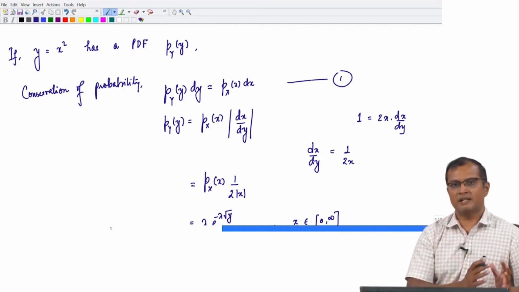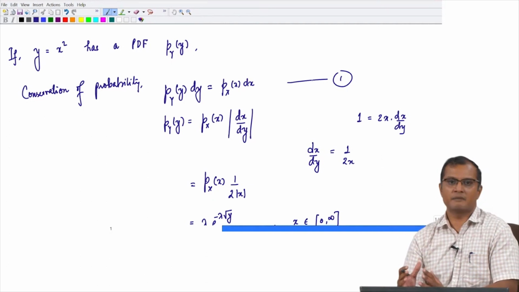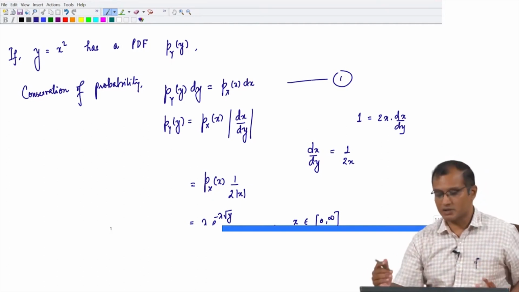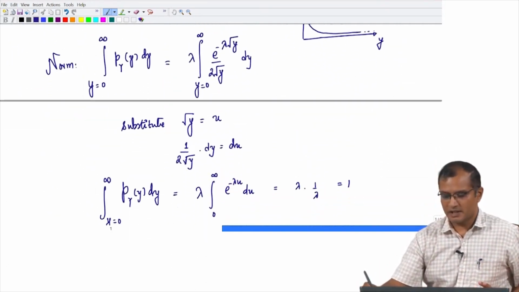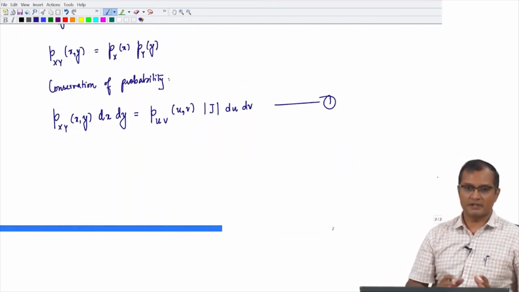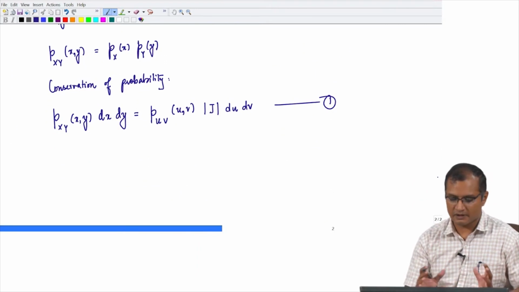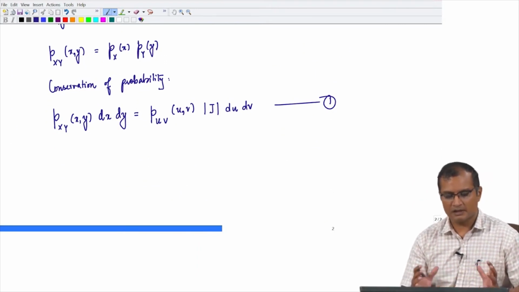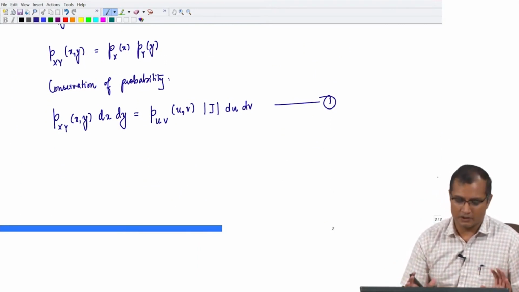So, the area element dx dy transforms to area element du dv subject to a Jacobian, that is the area amplification factor. Now, this is very simple to derive actually. If we derive equation 1, then the case is practically solved.